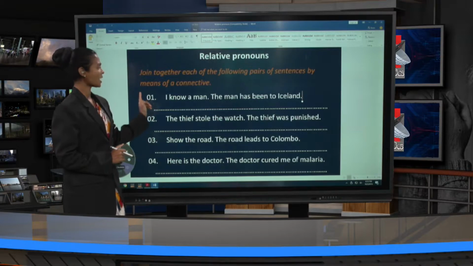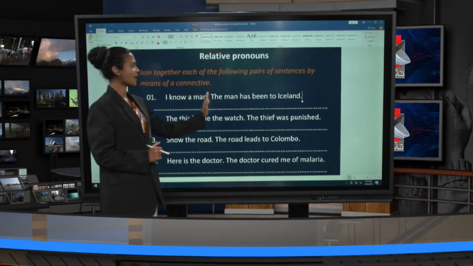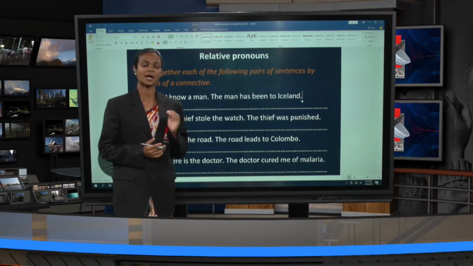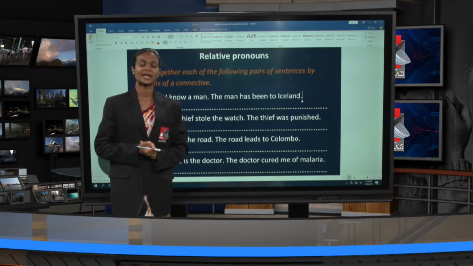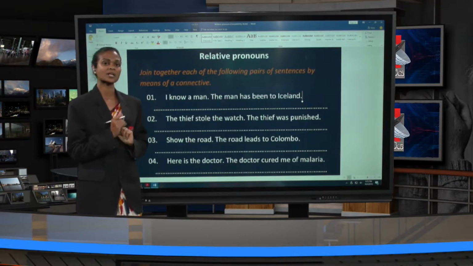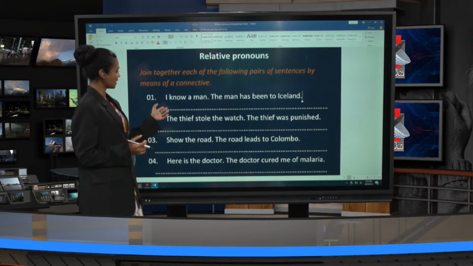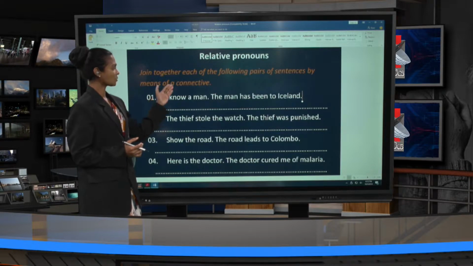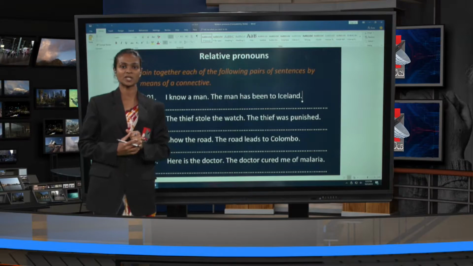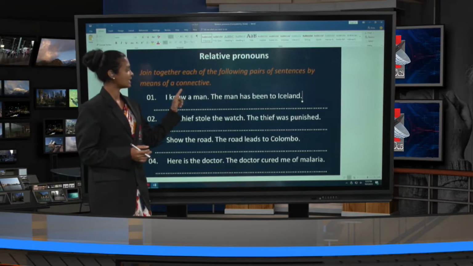The first, I know a man. The man has been to Iceland. How do we connect this? By using a relative pronoun. That means using that relative pronoun, you should describe the noun. What is the noun here? I, or a man, or Iceland. What are you going to describe? Yes, a man.